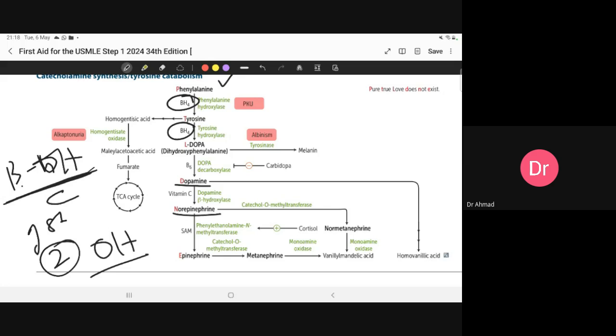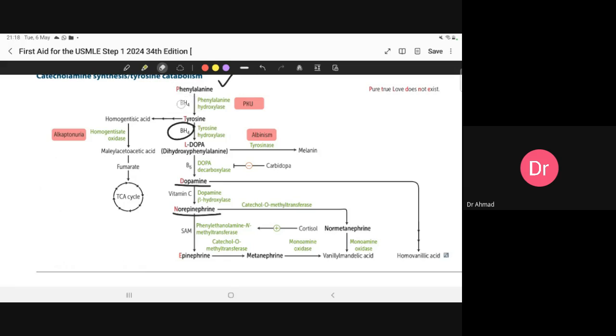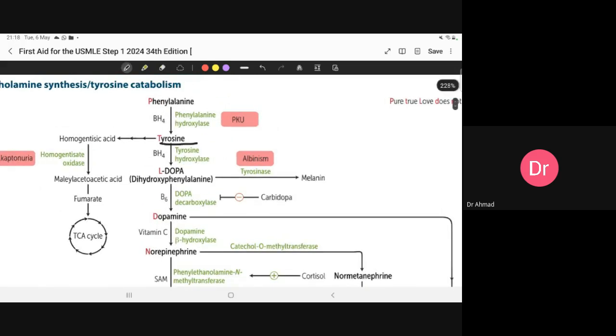Phenylalanine is converted into tyrosine by utilizing BH4. The enzyme is phenylalanine hydroxylase. If you do not have the cofactor, or if you are deficient in this enzyme, you can see phenylketonuria, which we will discuss ahead.